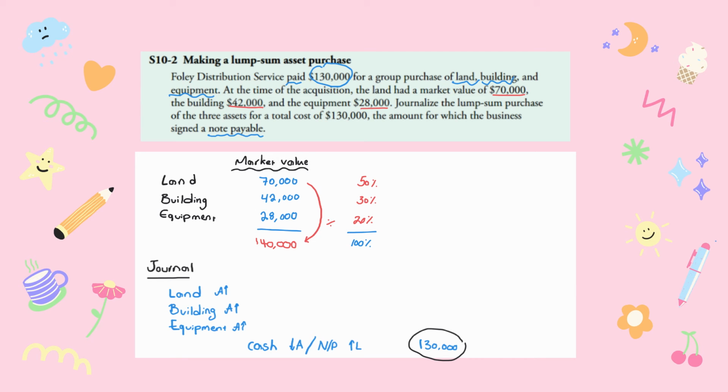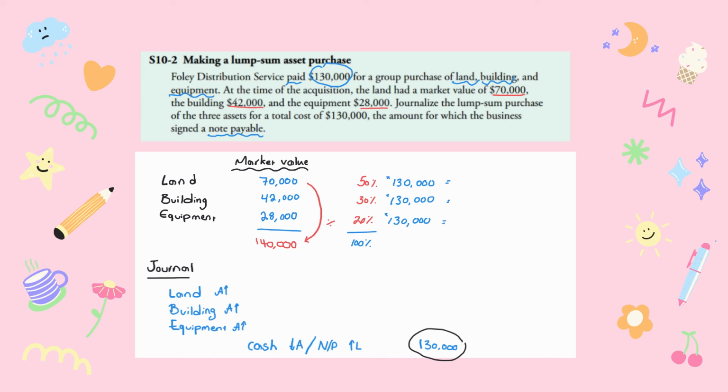Now we're gonna multiply those percentages with the lump sum price, which is the 130,000. So I need to multiply each one with the 130,000 to find the assigned cost based on the relative market value.